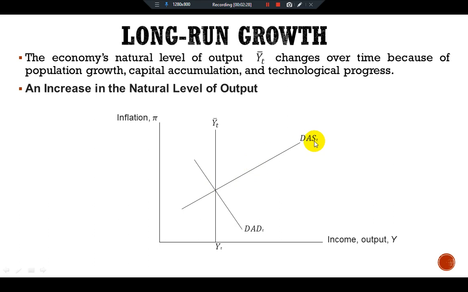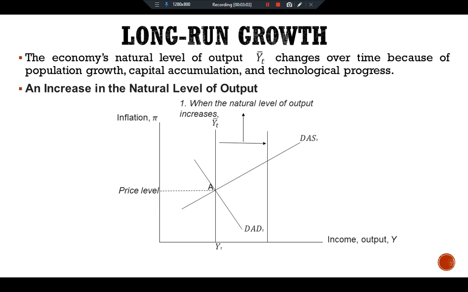We know that the intersection of aggregate demand and aggregate supply in the presence of the natural level of output will decide the equilibrium income Yt at point A and the price level at point A. So when the natural level of output increases, it shifts the natural level of output curve rightward to Ȳt+1.